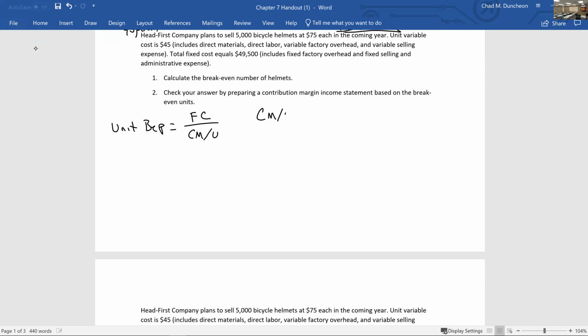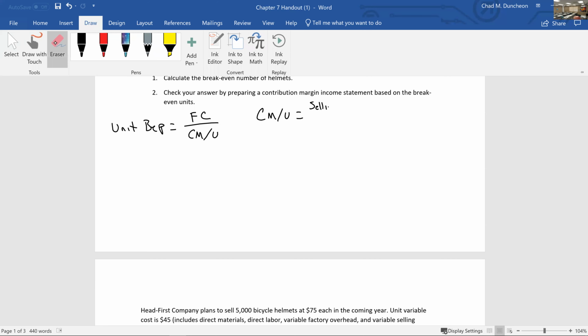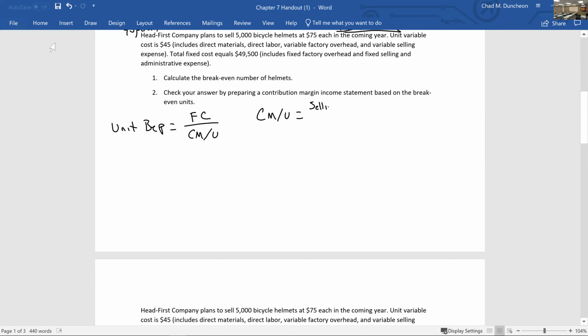Our contribution margin per unit equals, let me go ahead and erase that. Which is our price, contribution margin per unit. We're going to find it by our price minus variable cost per unit.